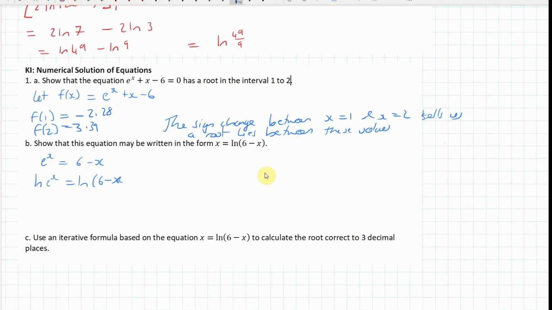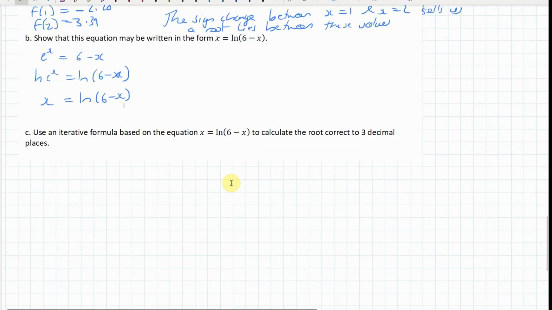At this point, I know that ln of e to the x is simply x, and then I've got ln of 6 minus x. Now we're going to use the iterative formula to calculate the root. We know the root lies between 1 and 2, so I'm going to start my first value as x1 equals 1.5.